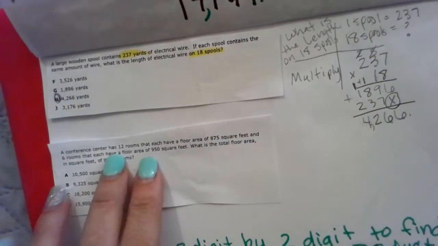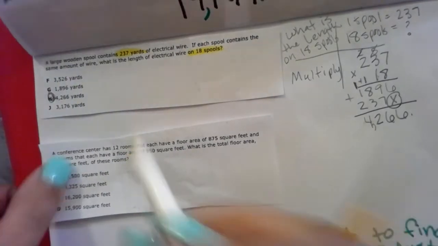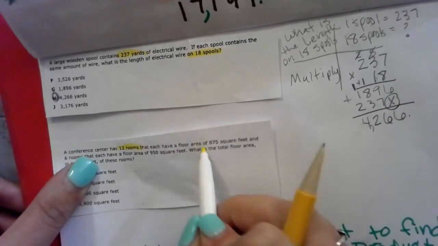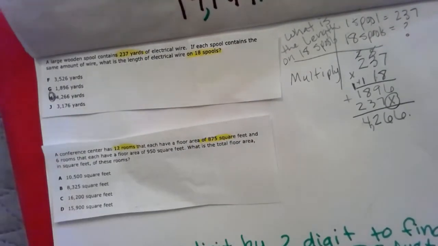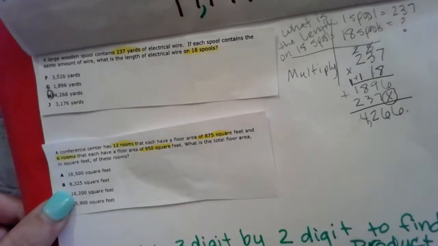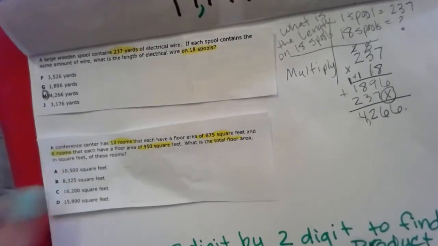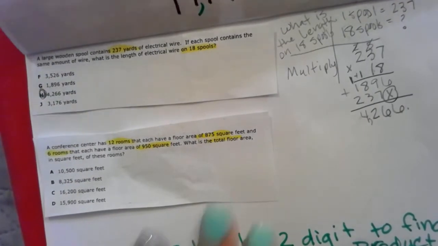A conference center has 12 rooms that each have a floor area of 875 square feet and 6 rooms that have 950 square feet. What is the total area of these rooms?